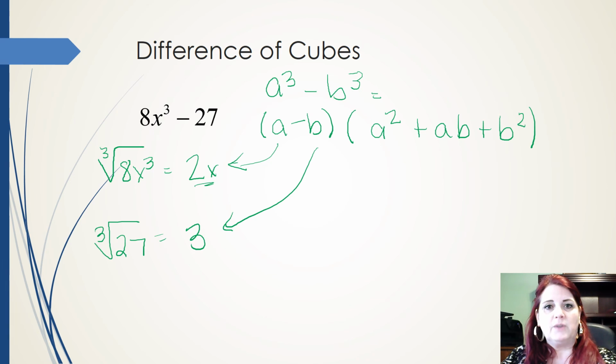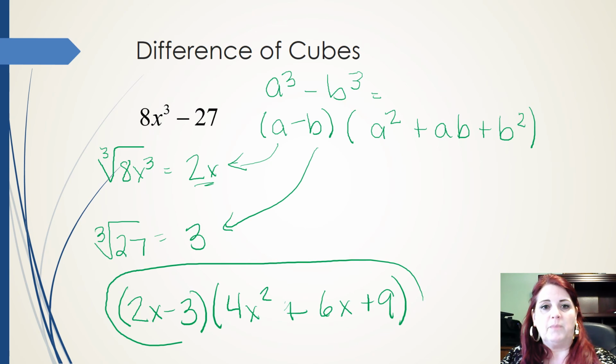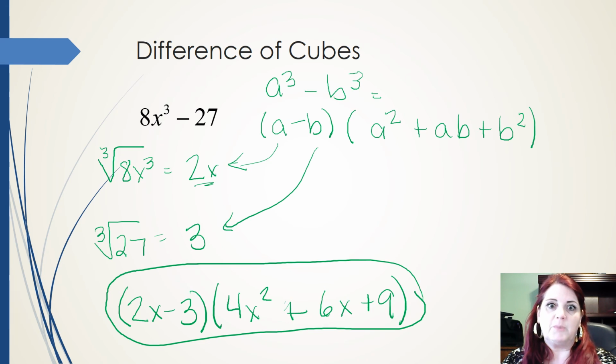So we can factor this into 2x minus 3 times an a squared, so the a is 2x, so 2x times 2x is 4x squared, plus ab, so we're going to multiply these together, 2x times 3, and we get 6x. And then that last term, b, is squared, giving us 9. And this is the factored form: 2x minus 3 times 4x squared plus 6x plus 9.